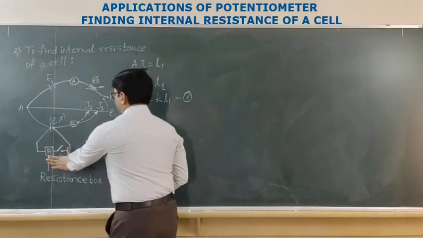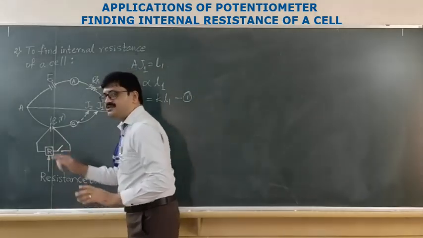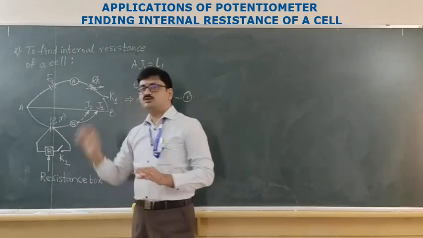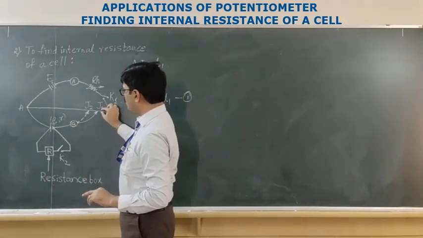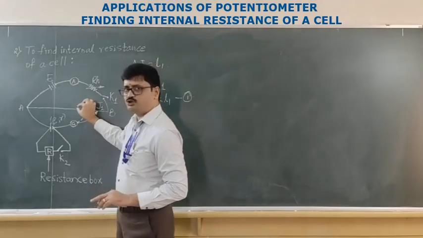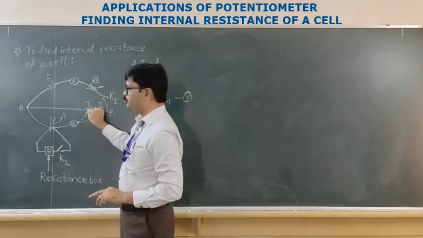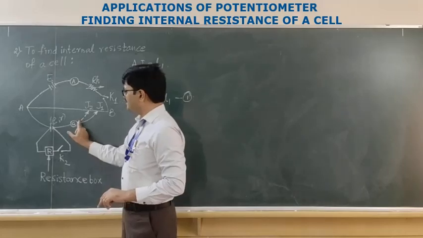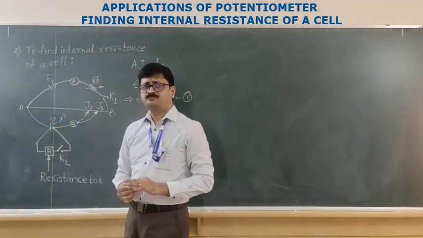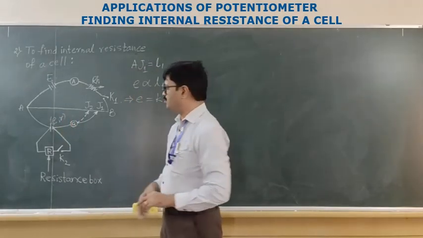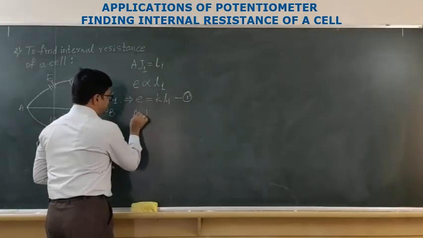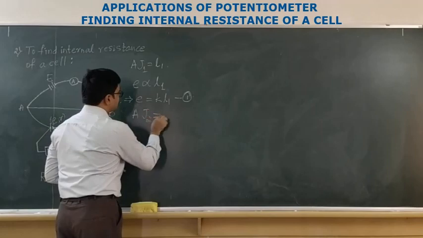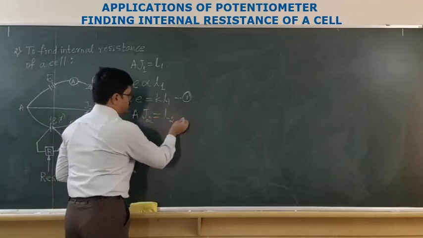Under this situation, the galvanometer again shows a deflection, and when it does, I will move the jockey again on the potentiometer wire, and at point J2 I will get zero deflection, or null deflection, of the galvanometer. I will measure this length AJ2 as L2.